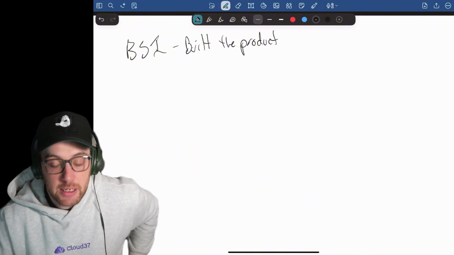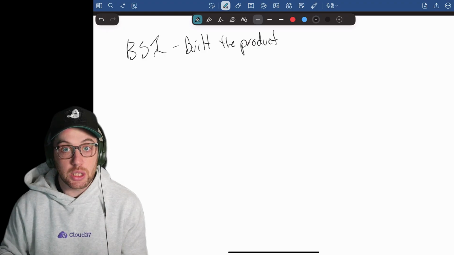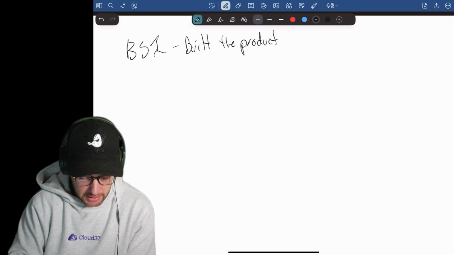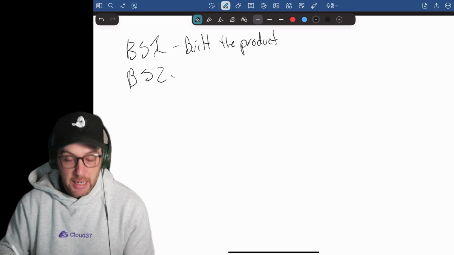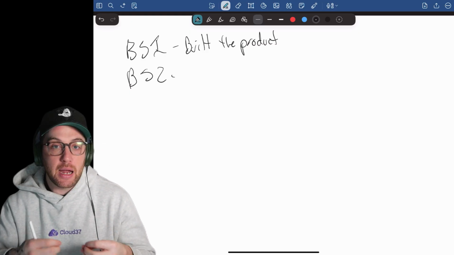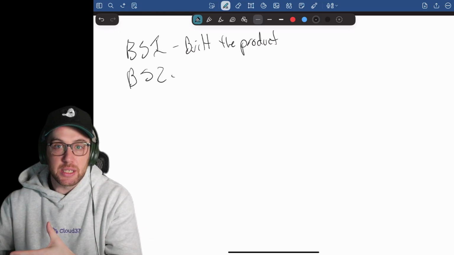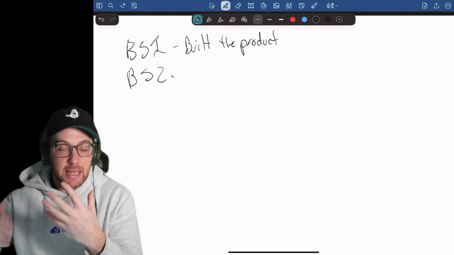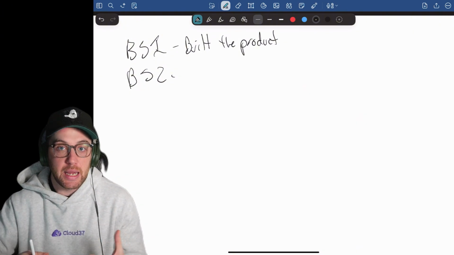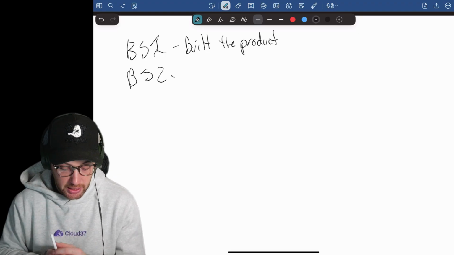We use your client's money to build the product that they are essentially using and you're using internally. Then Bootstrap 2 is how we utilize their feedback to build our knowledge base, train our system prompts and our agents, and to continue to make it better while they're using it, while you're using it as well. This is how you stay ahead of the competition.